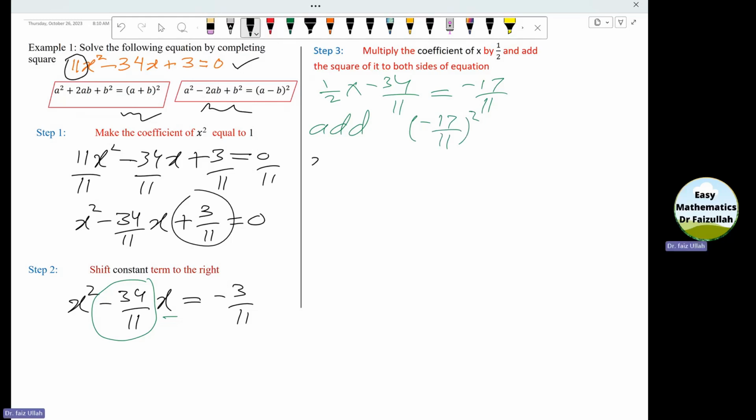We write x square minus 34 divided by 11x plus minus 17 divided by 11 whole square is equal to minus 3 divided by 11 plus minus 17 divided by 11 whole square.